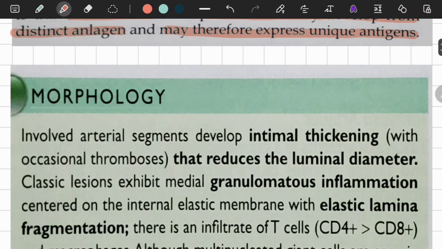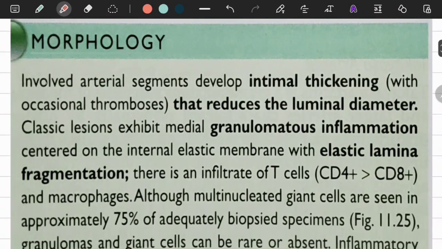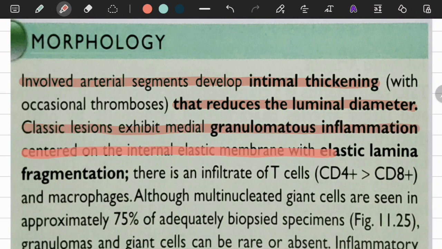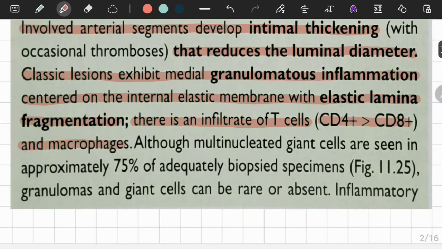Now let us talk about the morphological characteristics of the disease. Involved arterial segments develop intimal thickening that reduces the luminal diameter. Classic lesions exhibit medial granulomatous inflammation centered on the internal elastic membrane, with elastic lamina fragmentation. There is an infiltrate of T cells, basically CD4 plus more than CD8 plus, and macrophages.